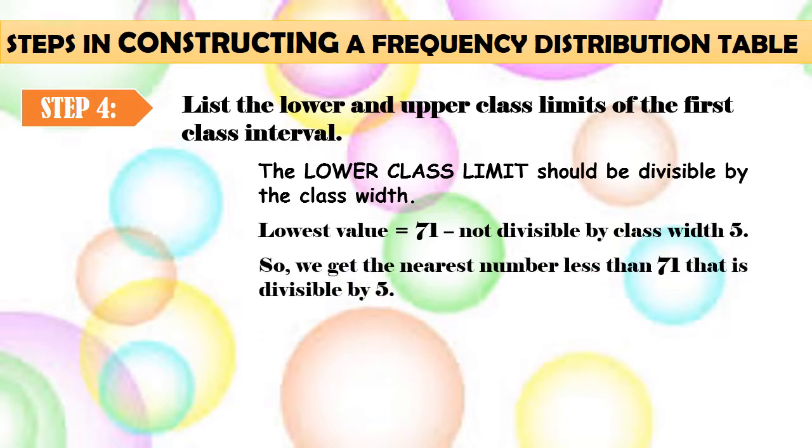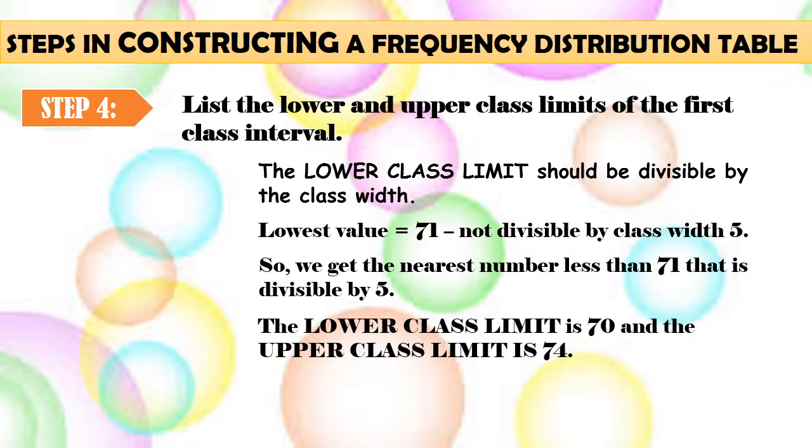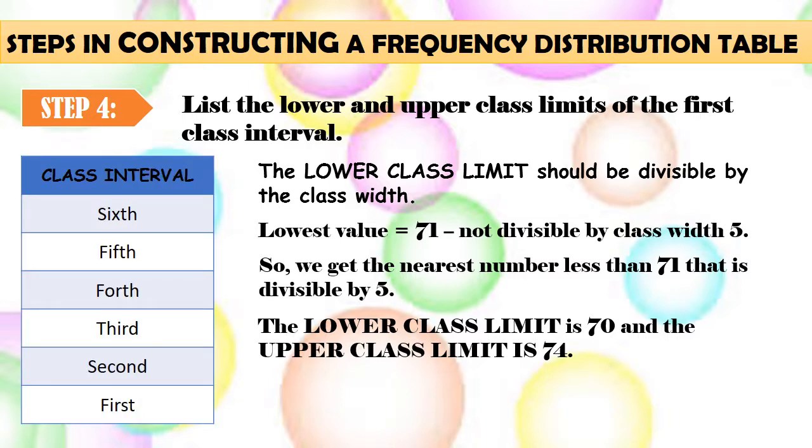So we get the nearest number less than 71 that is divisible by 5, which is 70. Therefore, the lower class limit is 70 and the upper class limit is 74. We notice that 70 to 74 have a width of 5. So, our first class interval is 70 to 74.